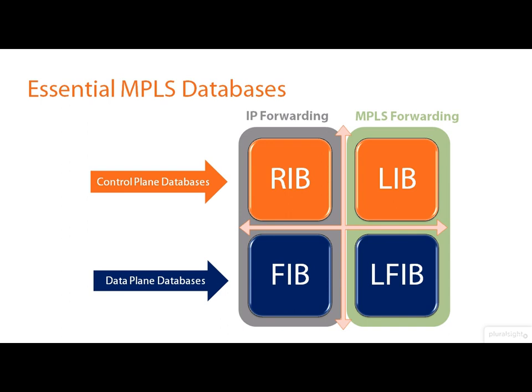And then what goes into the LFIB is the data plane portion that determines how we actually forward stuff. That's going to be built by the RIB, the LIB, and the FIB, and it's really going to determine how we handle the MPLS packets themselves.